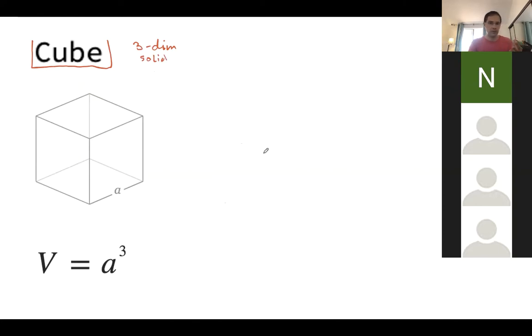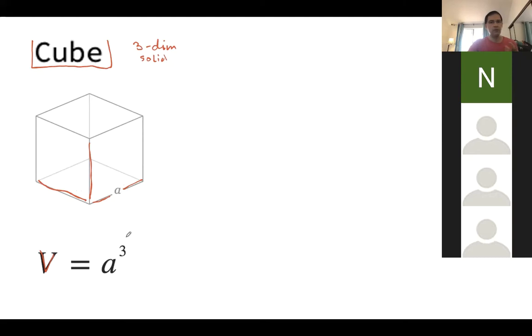This is just an example of a cube, and let's see how to compute its volume. This is just a reminder: if the length of one side is equal to A, the length of this side is also A, and the length of this side is also A, then the volume V of this cube is A times A times A, so A cubed.